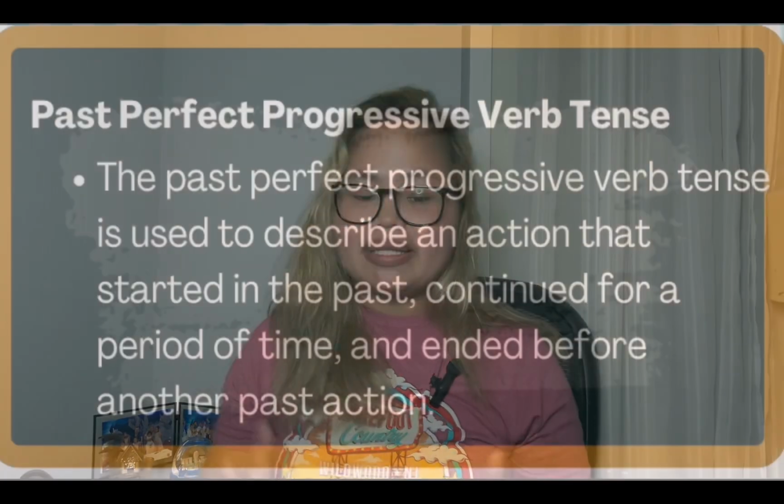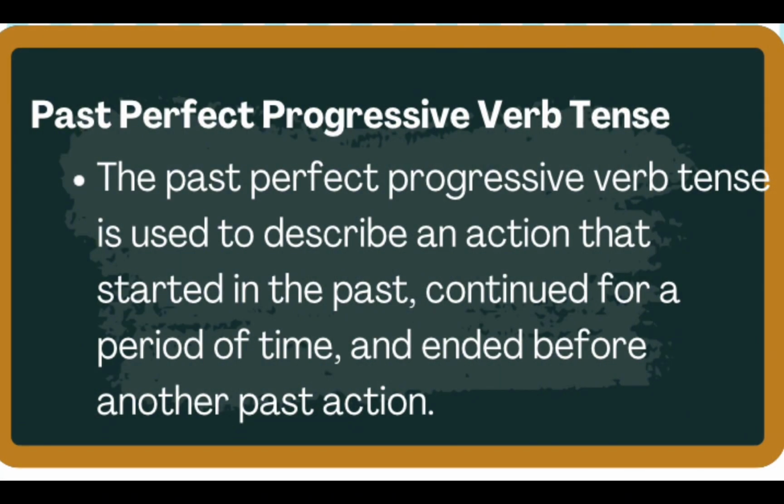So when we talk about the past perfect progressive verb tense, that's a lot of words, this is used to describe an action that started in the past, continued for a specific period of time, and ended before another past action.